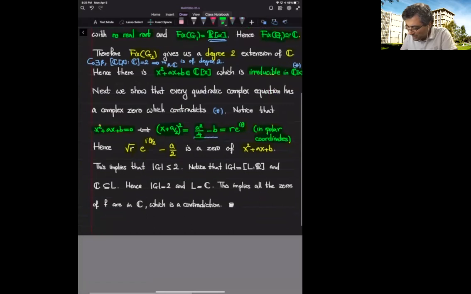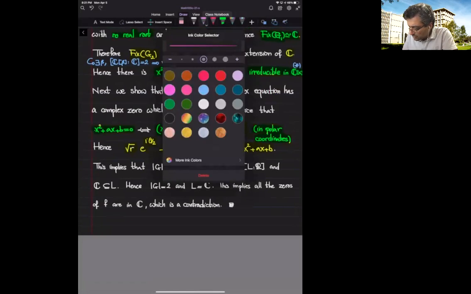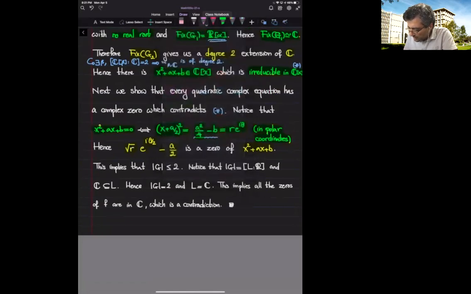Now I'm looking for some complex number whose square is r e to the power i theta. That is the square root of r times e to the power i theta over 2. Because when I square this, I get r e to the power i theta.